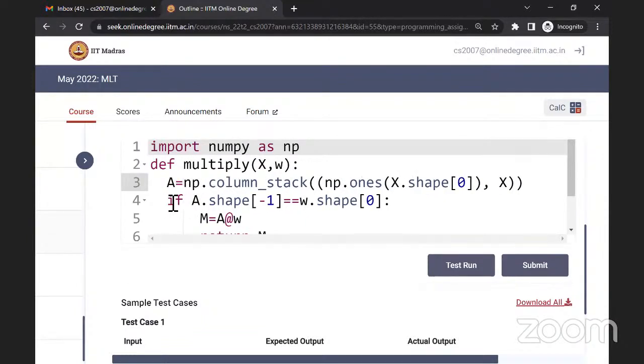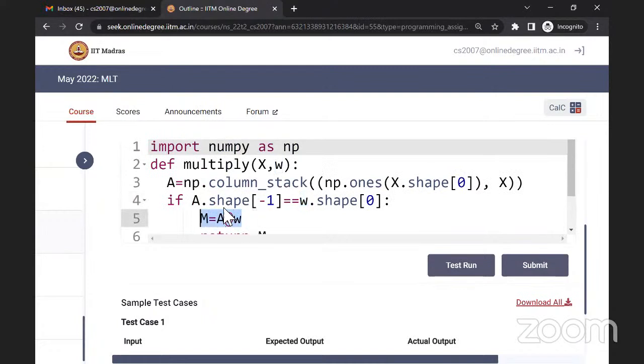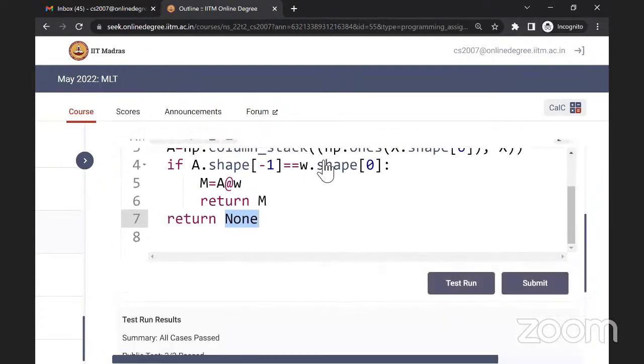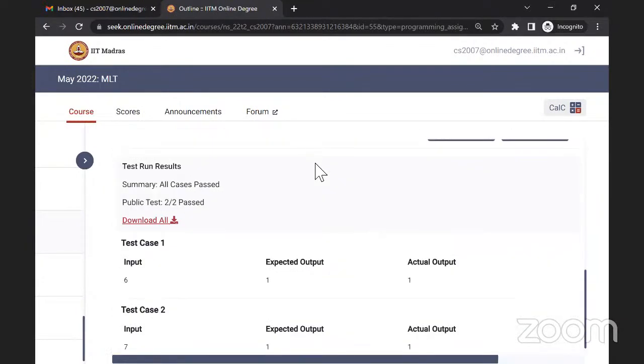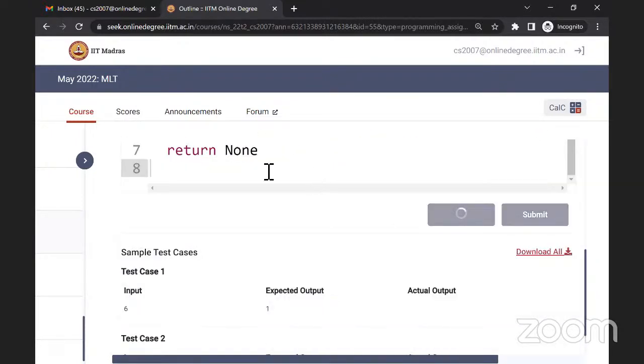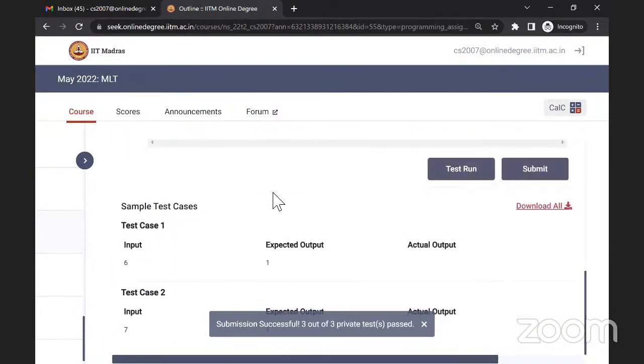Then after that we are making sure that this new matrix A and the weight vector are both compatible to be multiplied. If yes, then multiply them and return the answer. Otherwise, return none. Great. So let's see. All public test cases passed. Right, all private test cases also passed.